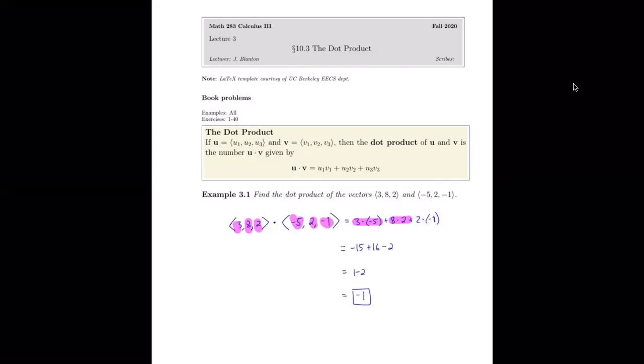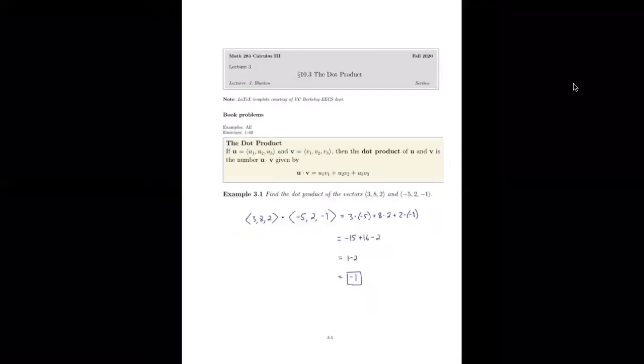And carrying out these products, we have -15 plus 16 minus 2, and ultimately we end up with -1, adding all those numbers together. So pretty straightforward. Once you practice this a couple times, it's pretty much impossible to forget. So that's the dot product in its most basic form.